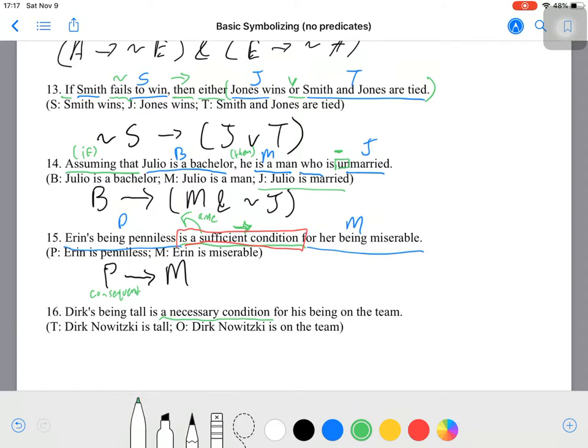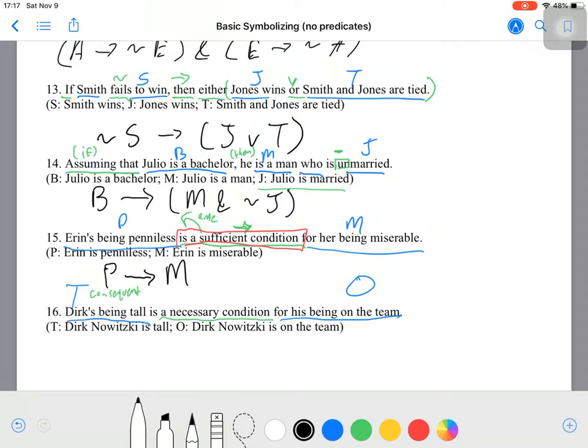So let's go back to this one. We have Dirk being tall. That's a T. Then Dirk being on the team. That's an O. So since being on the team is a necessary condition, we know that O is a necessary condition for T being true. If Dirk were not on the team, oh, I already screwed it up actually.